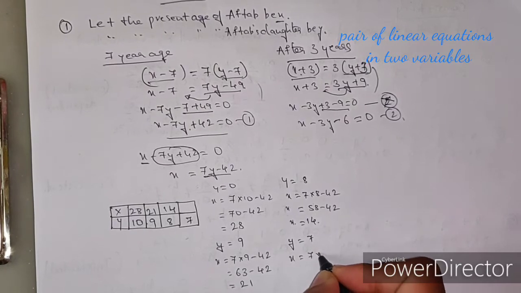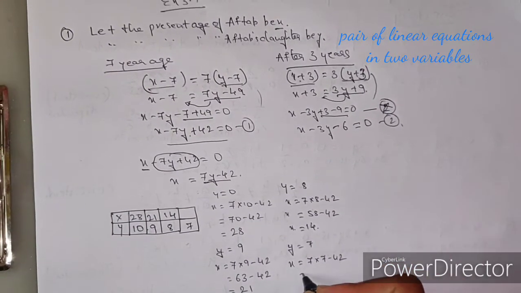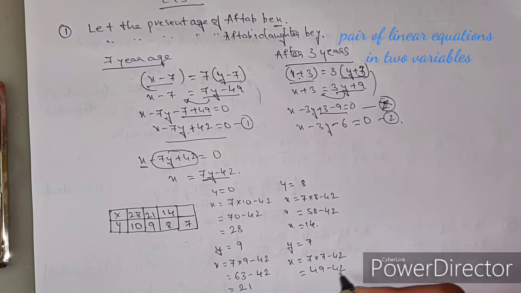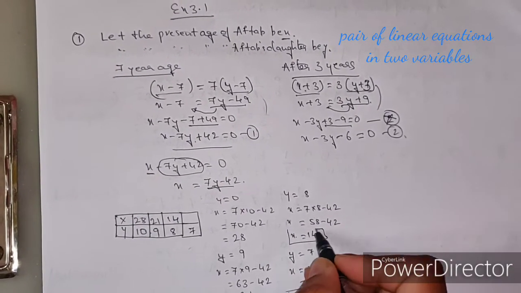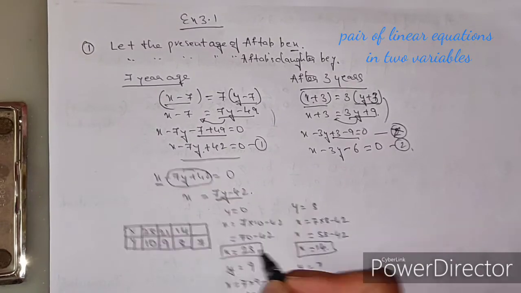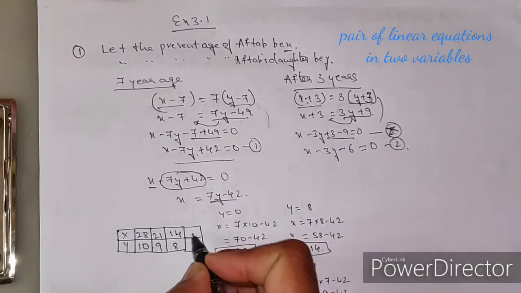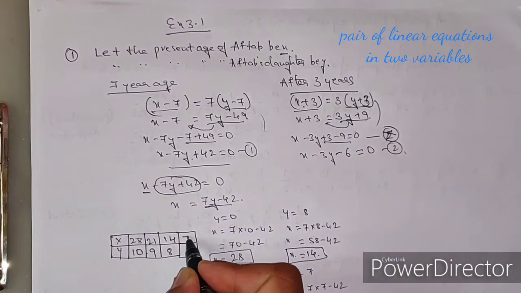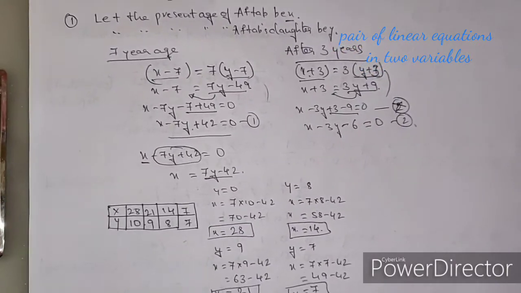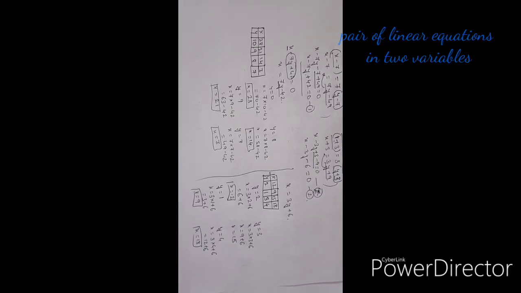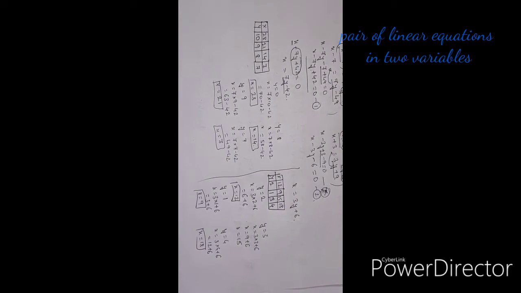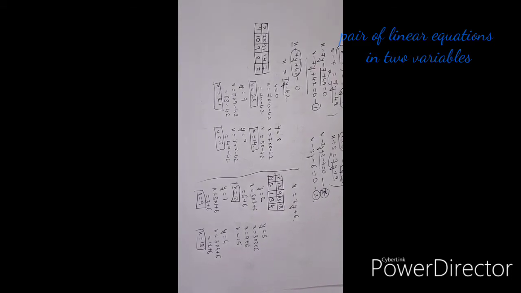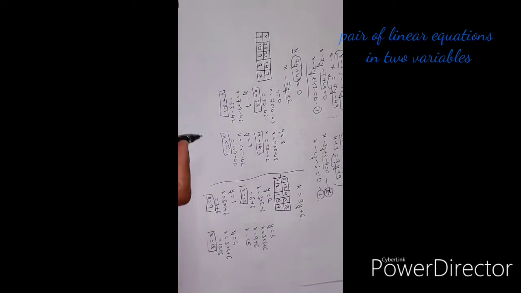X is equal to 7 into 7 minus 42, which gives 49 minus 42, which is equal to 7. So we have the 4 values here. You can draw the graph and you will get a straight line. When you solve for the second equation, you will get the table as follows. Try to draw the graph and find the value of x and y.